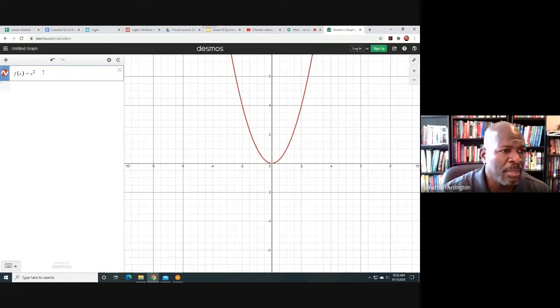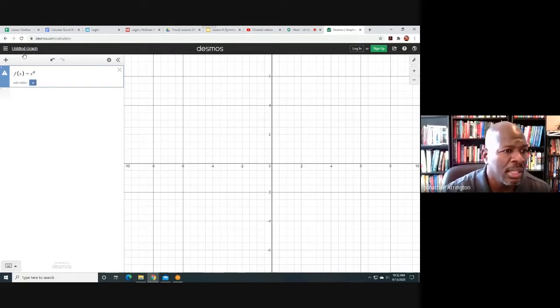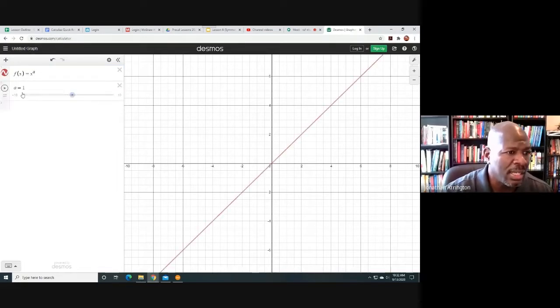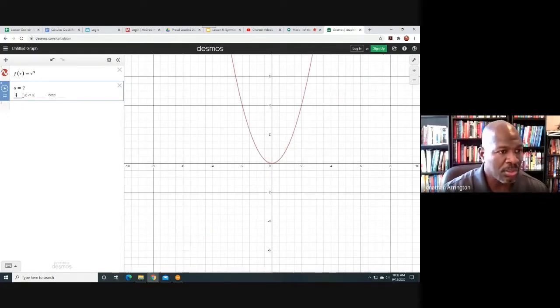So if I put, instead of 2, a variable here, say x to the power of a, and I define a to run from 2 to 10 with a step of 2, a is going to be a slider, and I can slide it from 2, 4, 6, 8, 10.